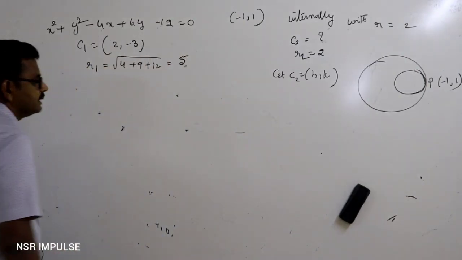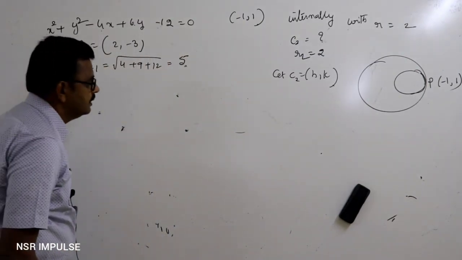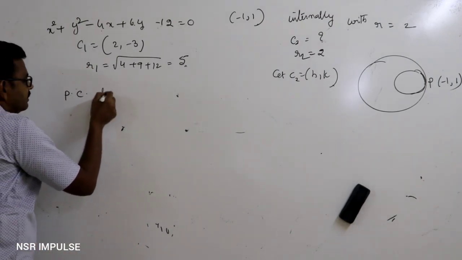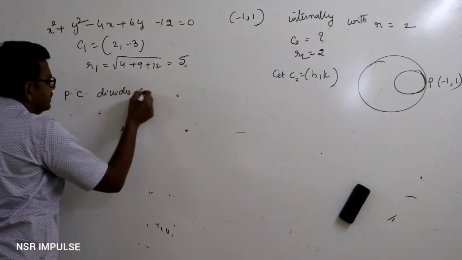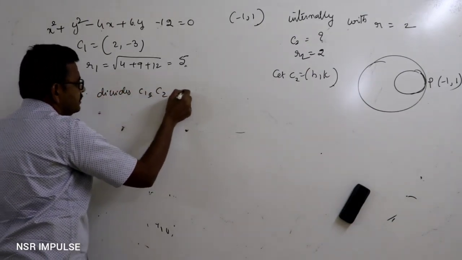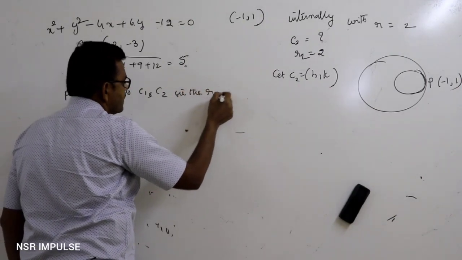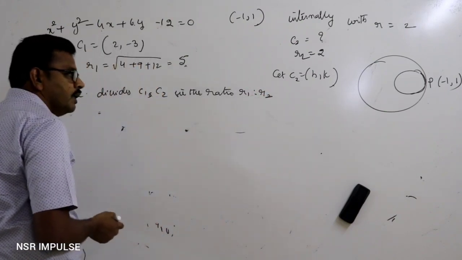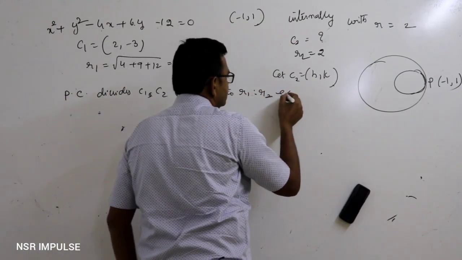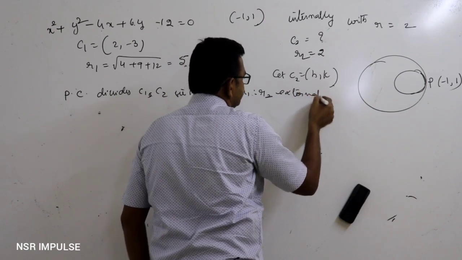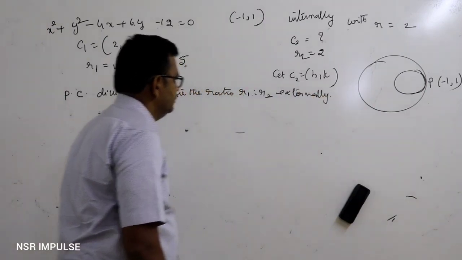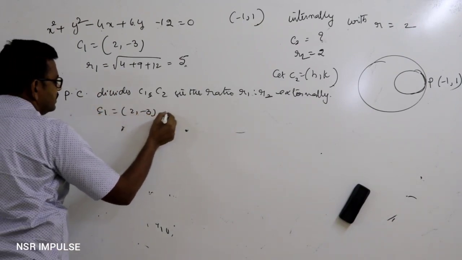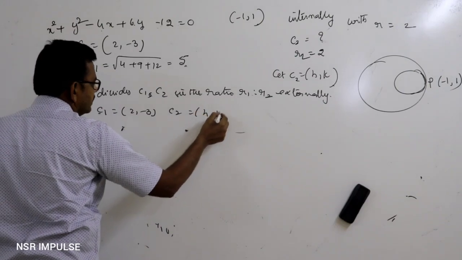So the two circles touch each other. Therefore, the point of contact divides C1 C2 in the ratio R1 is to R2 externally, where C1 is 2 comma minus 3 and C2 is h comma k.